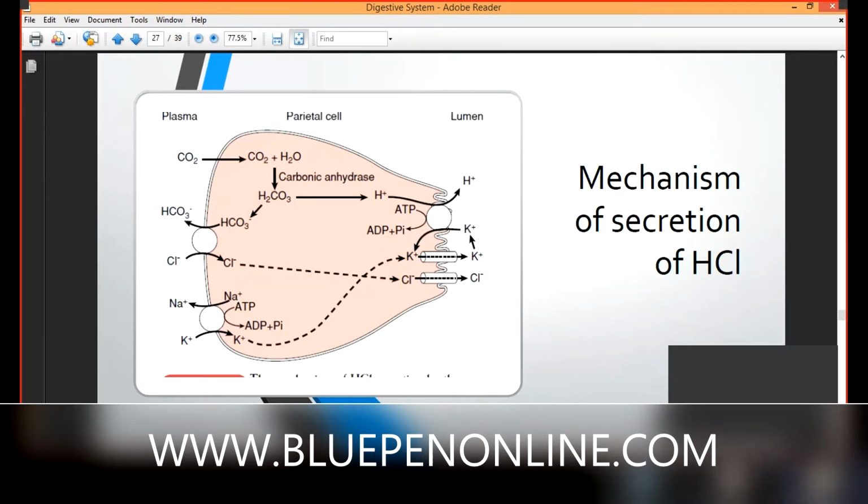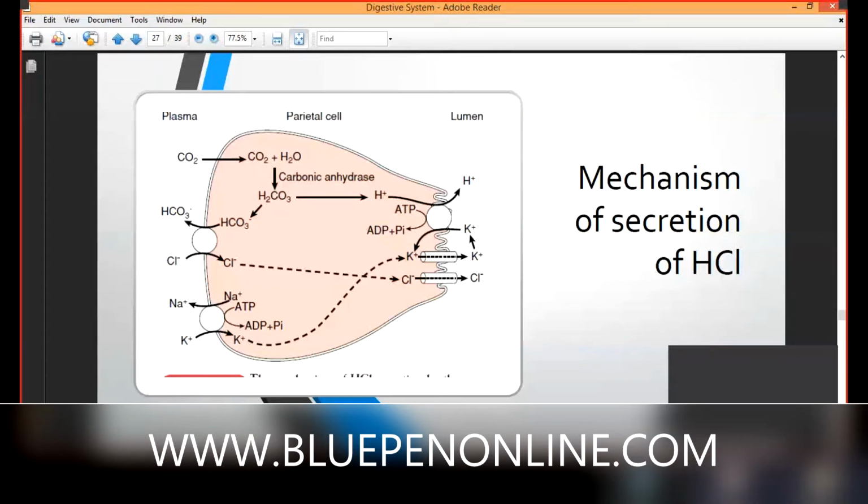When the Cl minus ions enter into the lumen, the negative charge of the lumen increases. So in order to maintain this, some positively charged potassium ions also enter into the lumen to maintain the neutrality.